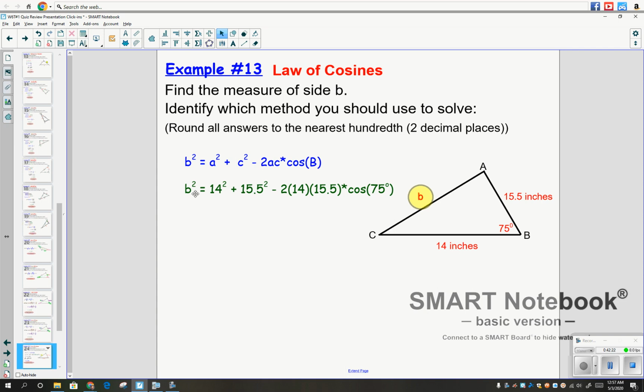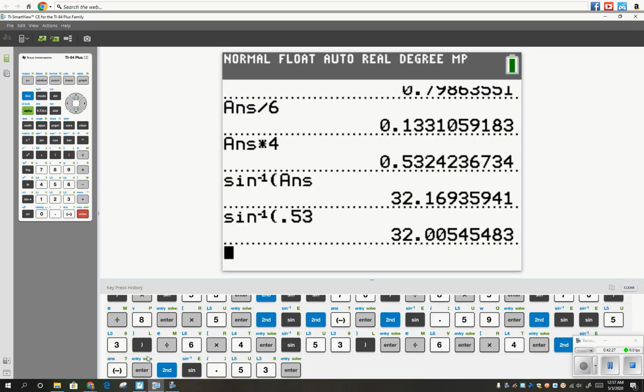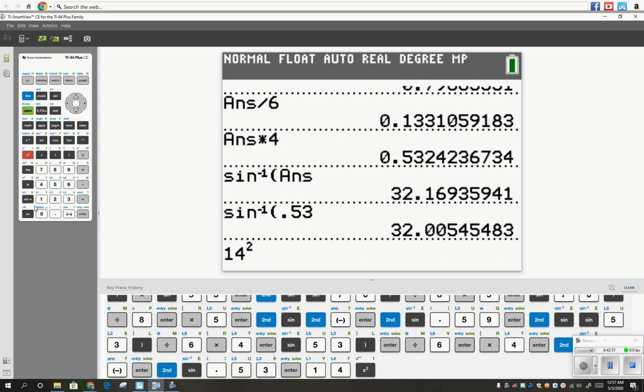The nice thing with the law of cosines is I can type that all into my calculator at once. 14 squared plus 15.5 squared. I'm going to start over because I forgot the plus.